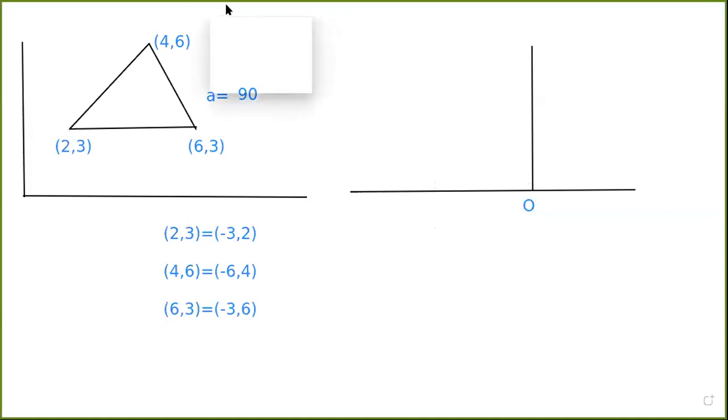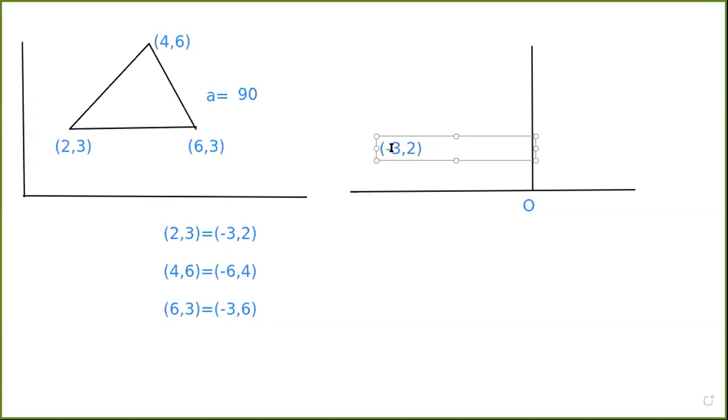I will try to draw first. Take this point: this is -3, 2.